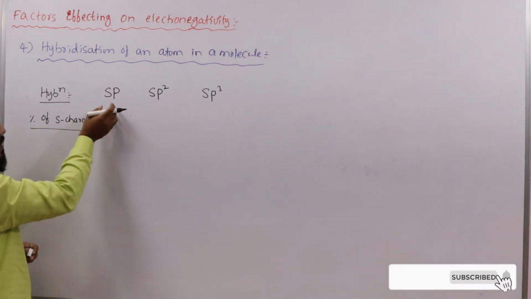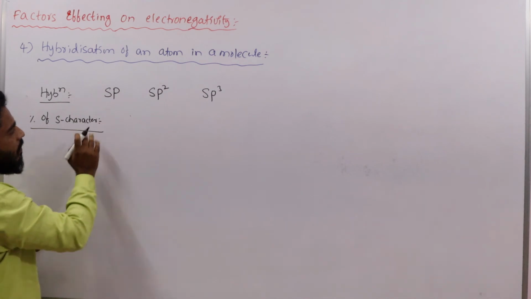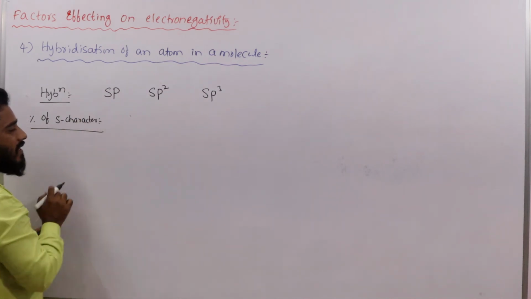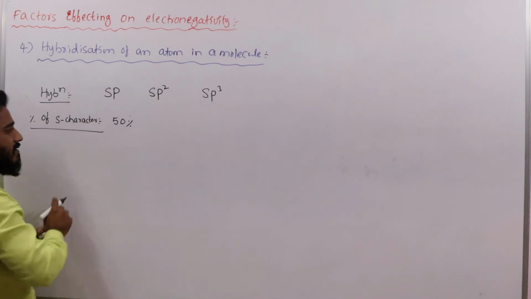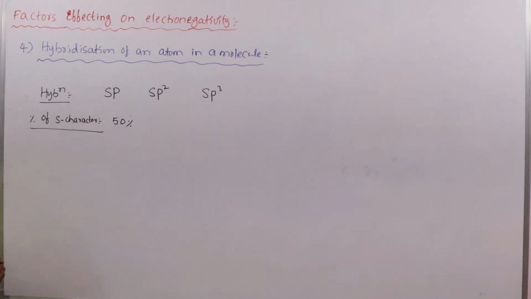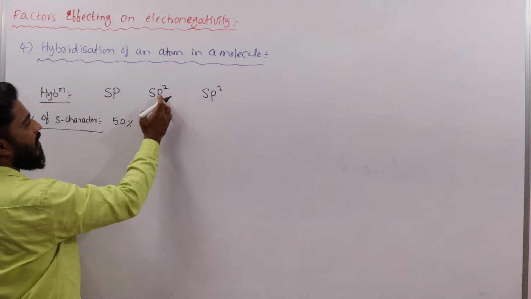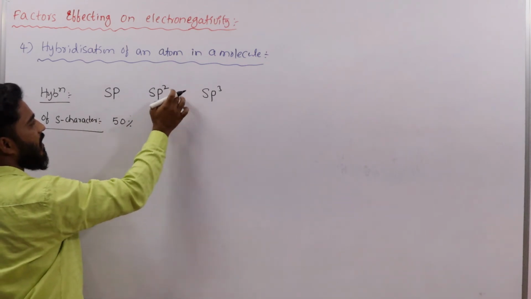In that, what is the percentage of s here? Only two orbitals, and one s orbital is there. That's why we can say 50% s orbital is present. In sp2, one s orbital and two p orbitals, totally three orbitals are there.